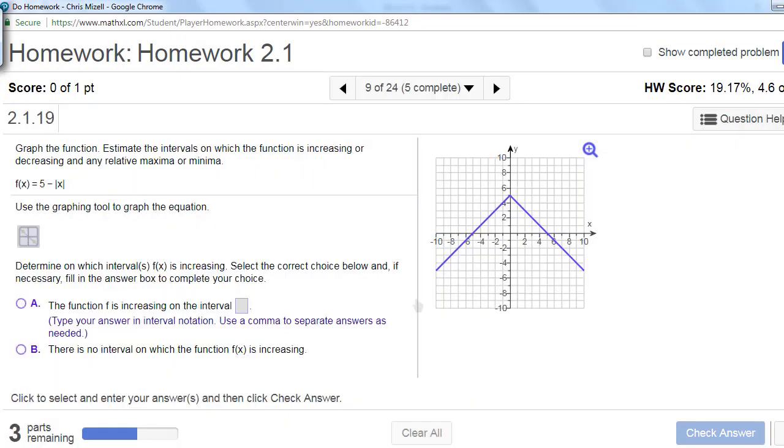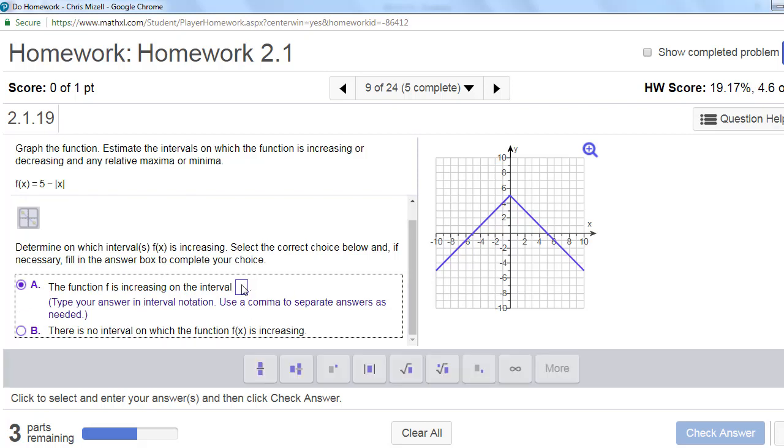Good. Determine on which intervals f of x is increasing. Okay, sure. It's increasing on an interval. What interval is it increasing on? The graph is rising, and there's no arrow down there, but the idea is it continues down to the left, all the way infinitely far down to the left.